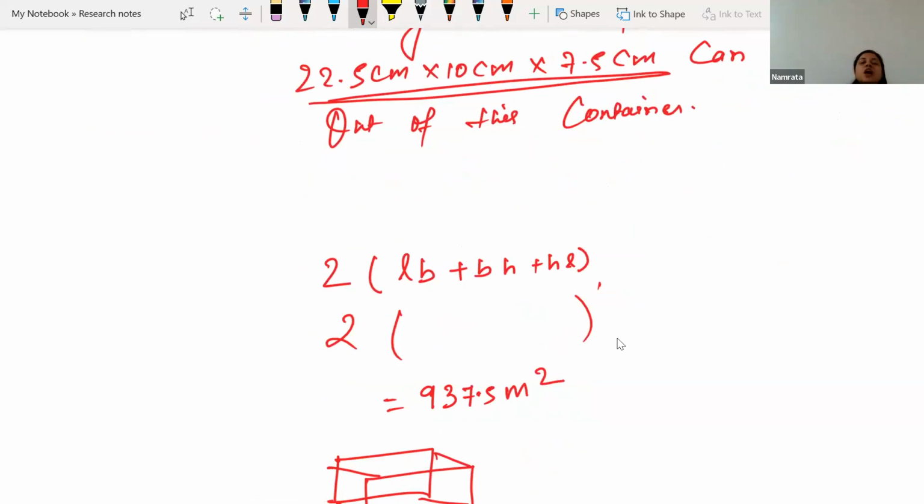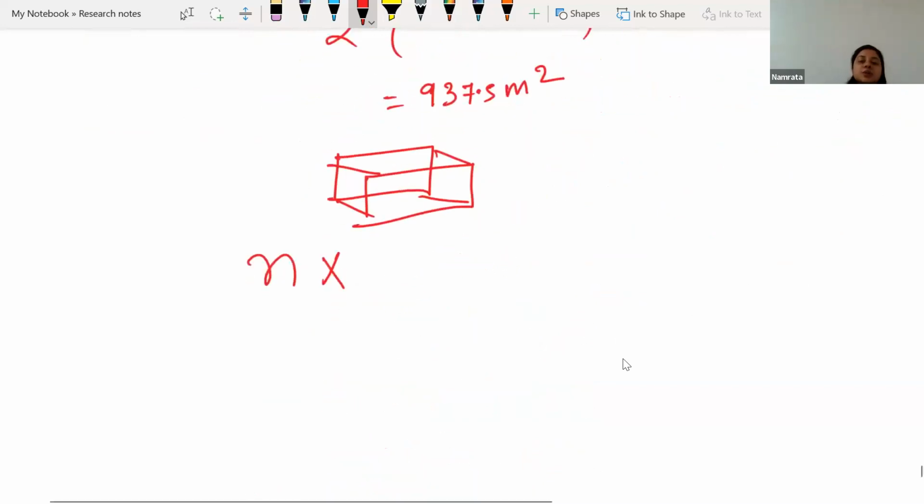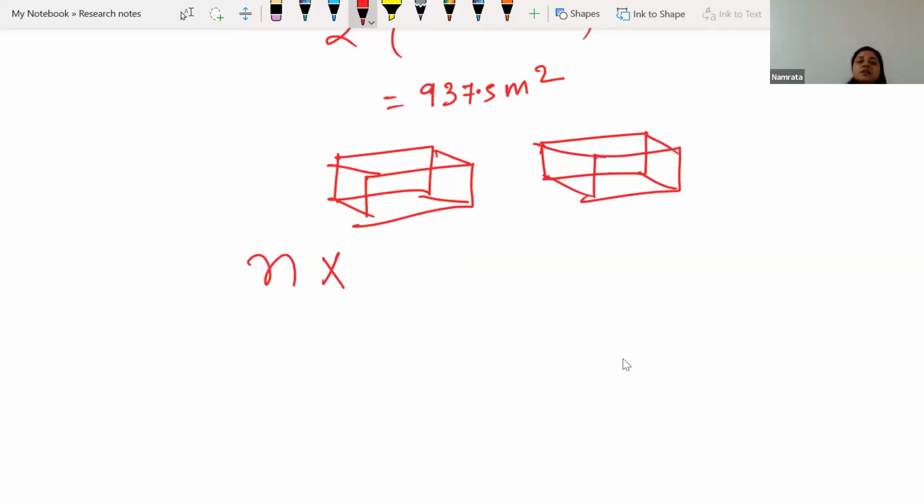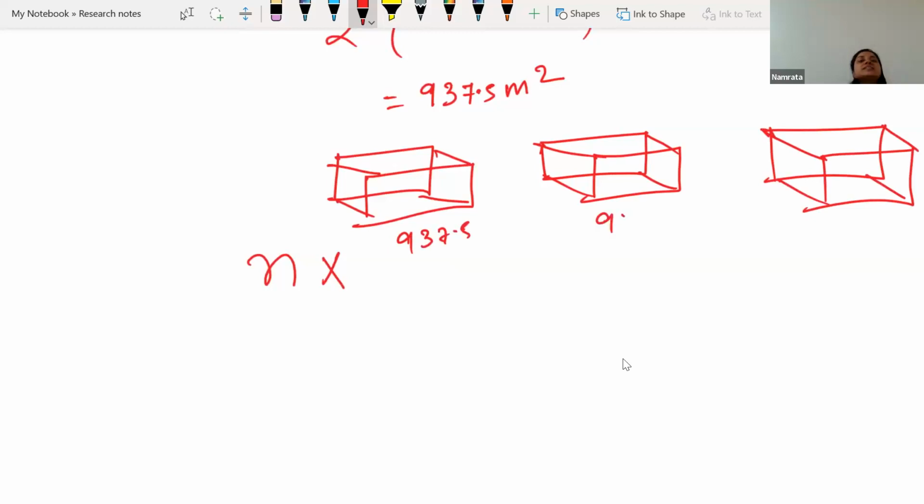Now you have to check how many bricks can be painted. So as I was showing you one of the bricks, then let's say one more brick, then let's say one more brick. Like this, how many bricks can we paint?